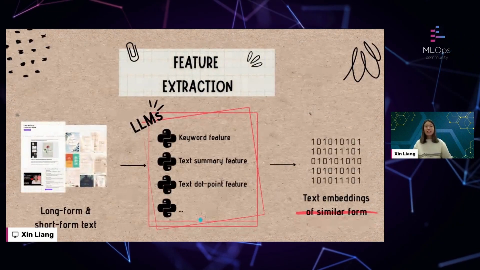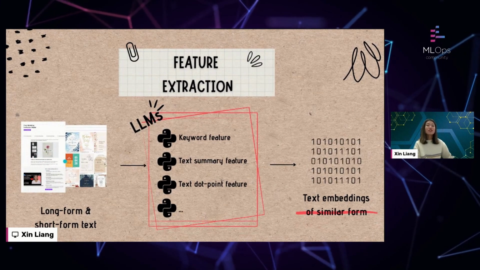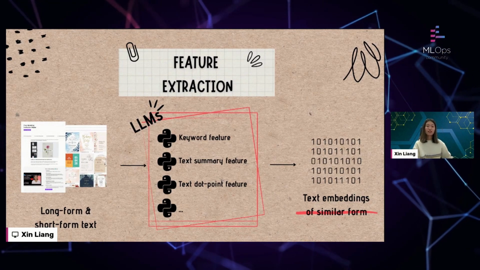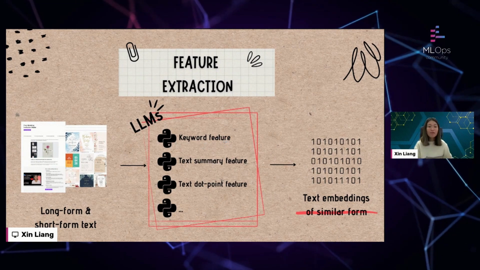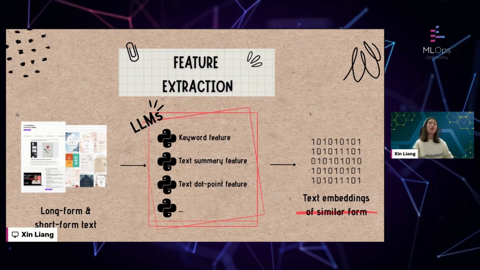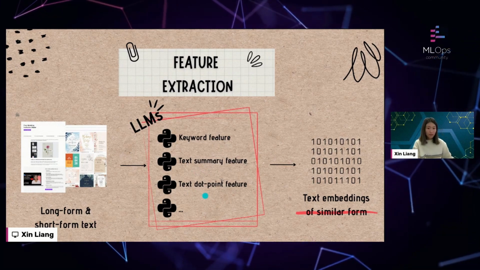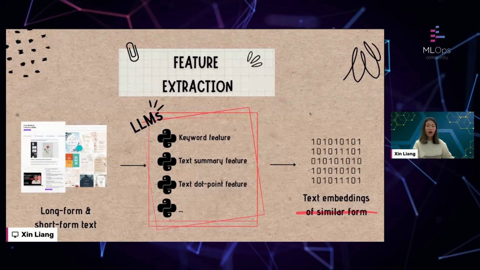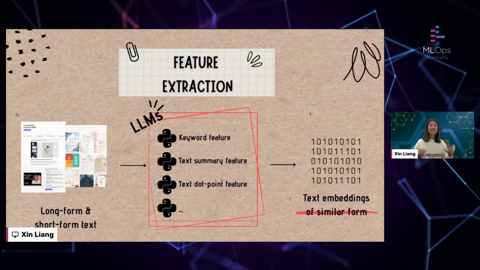Due to the vast difference in the text length, content information and metadata among these pages, variations of further text feature extractions are necessary using pre-LLM natural language techniques, such as keyword extraction with a keyword extraction specific Python library, text summarization with existing model architectures or libraries, and then key point or dot point extraction to further distill the key information from these different variations of the pages into similar text forms.